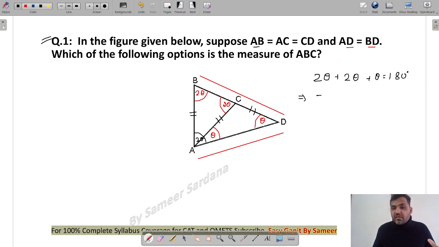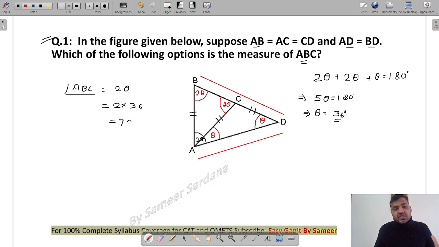This gives me 5 theta equal to 180 degrees, so theta will be equal to 36 degrees. We are supposed to find the measure of angle ABC, which will be equal to 2 theta, which is 2 times 36, that is 72 degrees. This is the correct answer of the question.